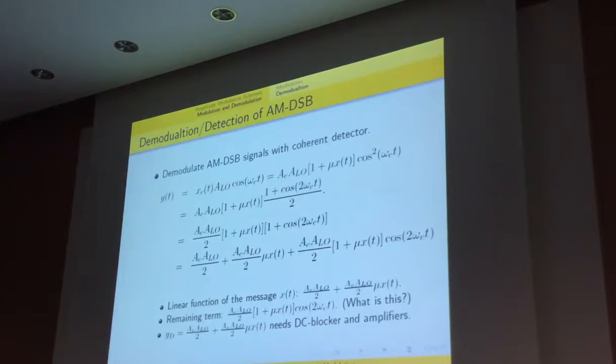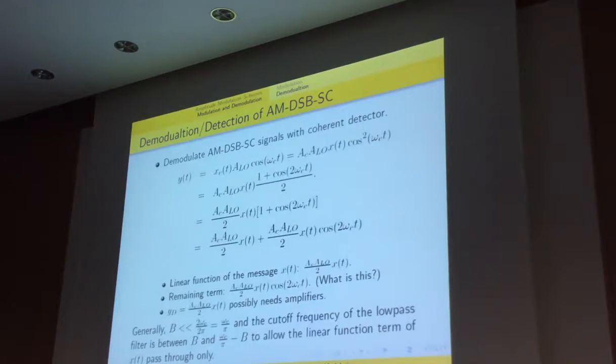Then how about AM DSP SC? We use a similar approach. The AM DSP SC modulated signal is multiplied by the local oscillator signal.